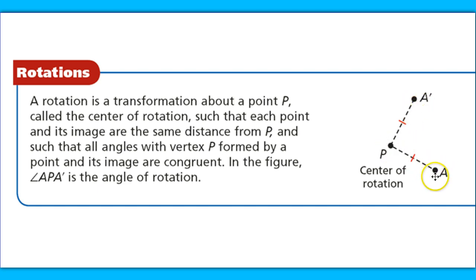So in this figure, A prime is an angle of rotation. Okay? If A was a vertex for some figure, then all vertices in that figure would have the same angle of rotation to their corresponding images, right?